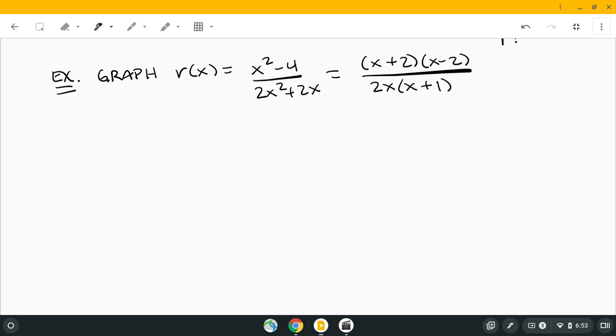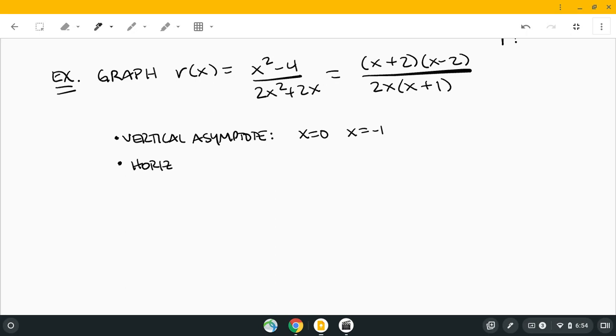So the vertical asymptotes are at x equals 0 and at x equals -1. I got it from the denominator.